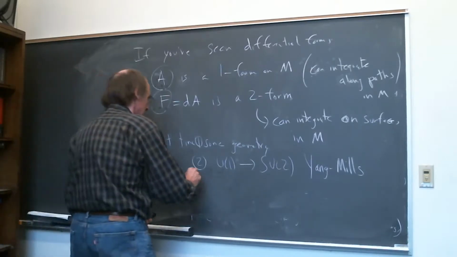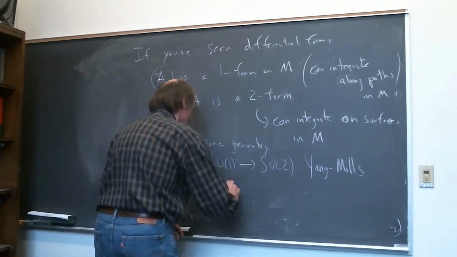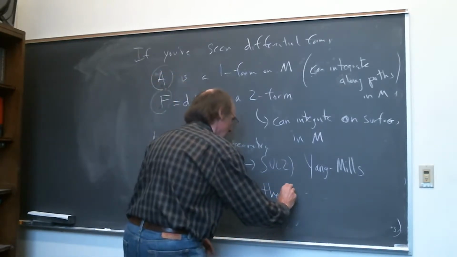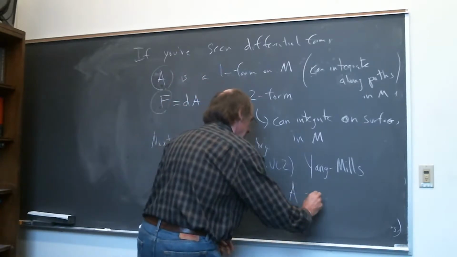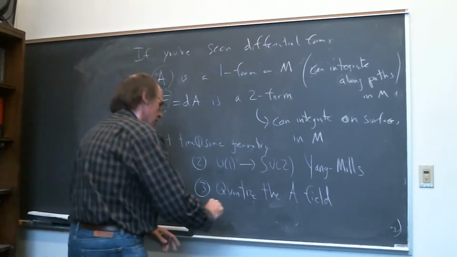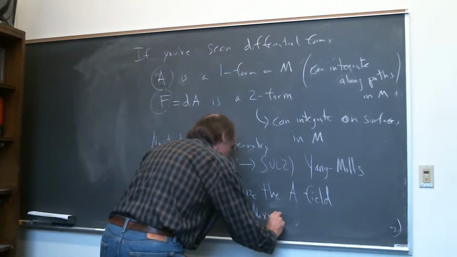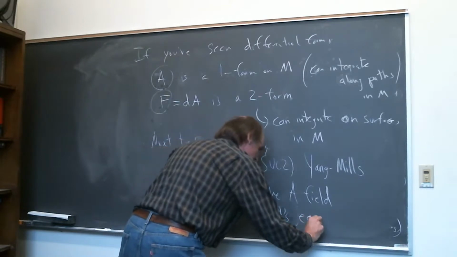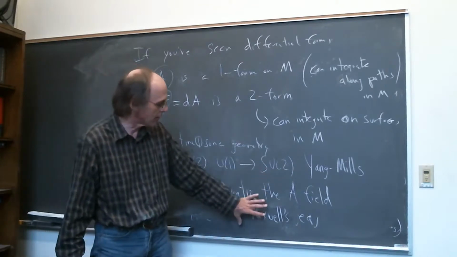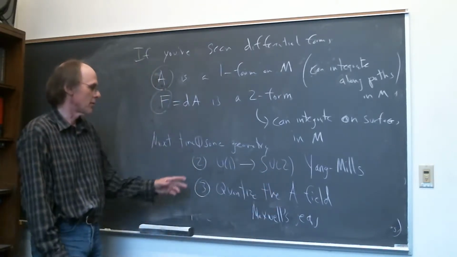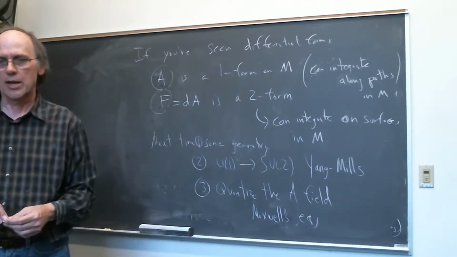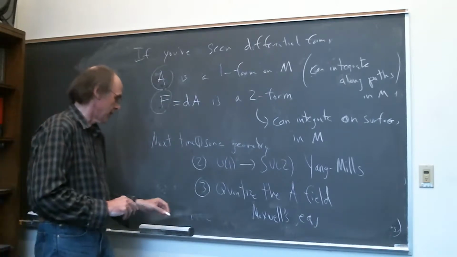And then the next thing is to quantize the A field, using Maxwell's equations. This is a somewhat long story, and it will end up giving you the theory of photons. Those are the remaining parts of the story I want to tell you about vector potentials and field strengths.